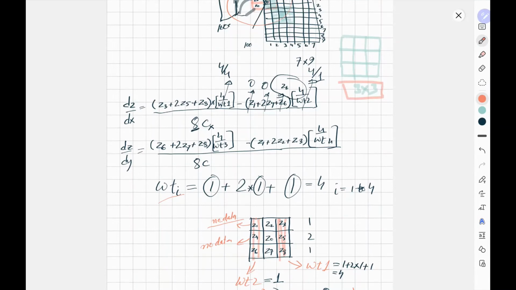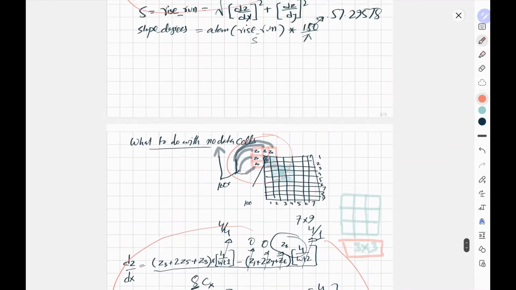And there is another limitation that at least 7 cells should have valid data, otherwise the result will be no data, and in case of edges the result will always be no data. So this is another way of making these calculations. So this is method 2 in the 8 cell method.